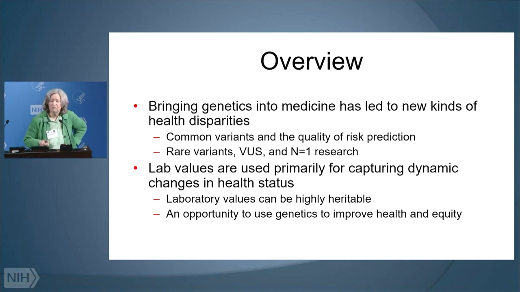This makes it an opportunity to use genetics to improve health and equity, both, not by using the genetics to change risk prediction, but by regressing out the genetics in places where it's misleading us.